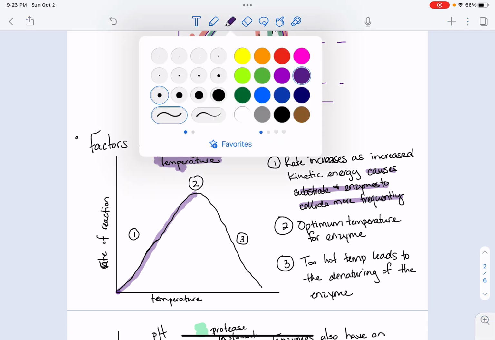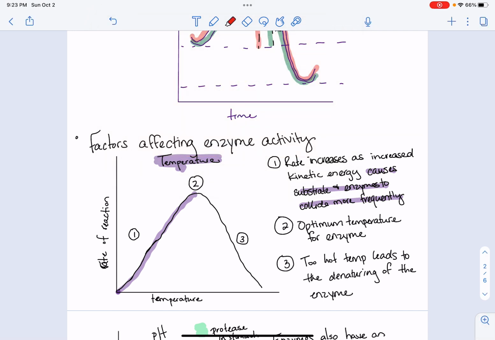Eventually, it will reach what's called the optimum temperature. Every enzyme has an optimum temperature, and that's the temperature where the enzyme works best. But then we have a decrease in the rate of reaction, because if it gets too hot, the enzyme will denature.